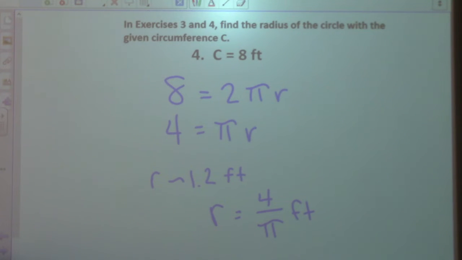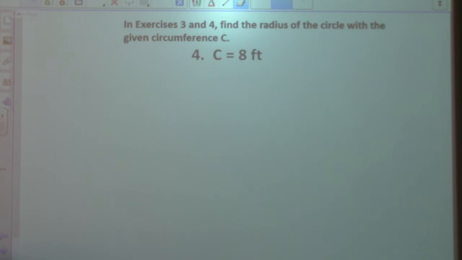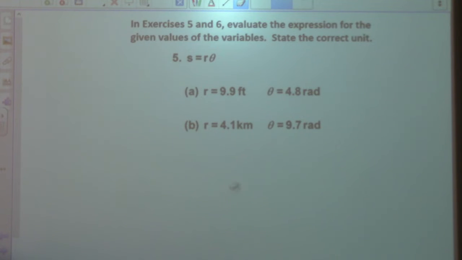Okay, now, problem 5 initiates a little bit of an instruction piece, so I want you to pay attention pretty closely on problem 5. Problem 5 introduces a new type of formula, and we'll call it your first formula of trigonometry in this section. It's called an arc length formula.